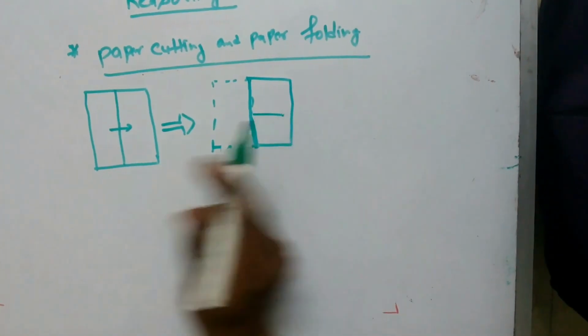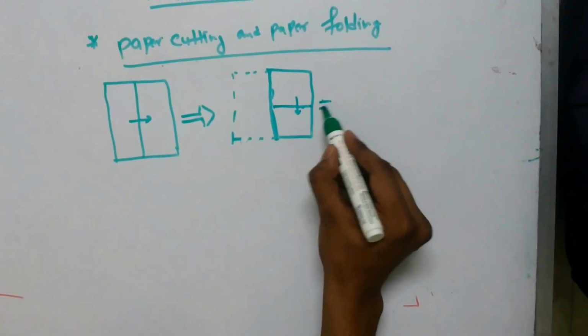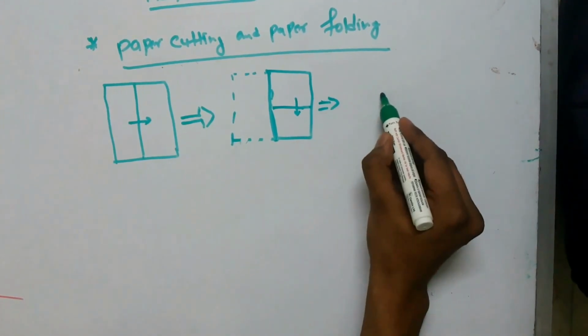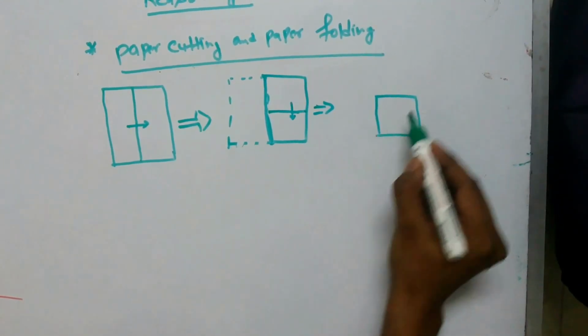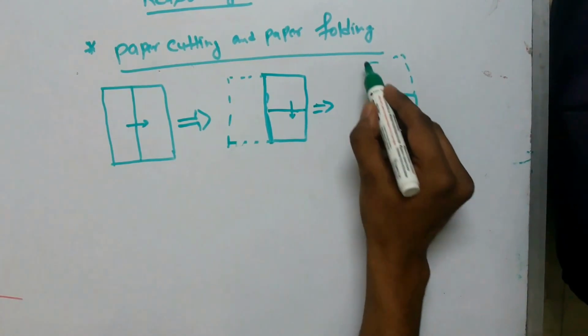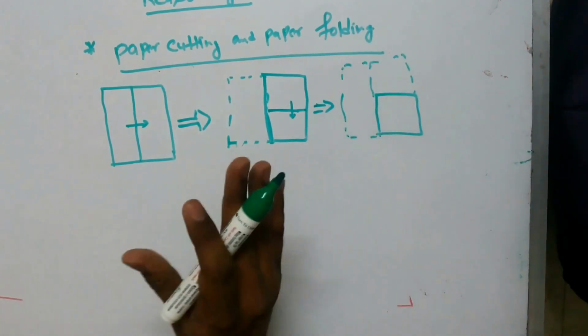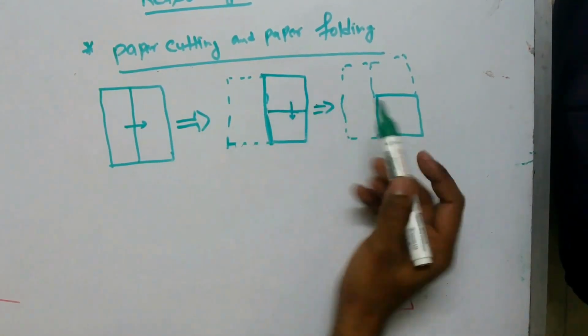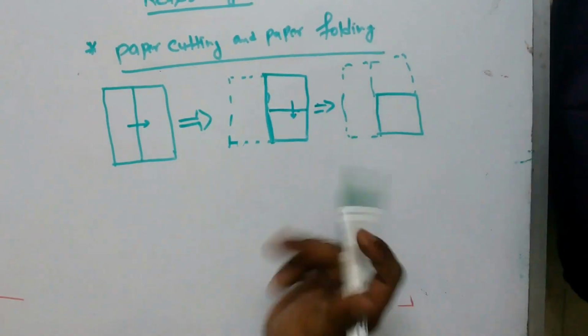This was vertical folding. Now we will fold it horizontally from this portion. Now the paper will look like this. The dotted portion shows that this was the paper previously, now it has been folded and looks like this piece of paper.